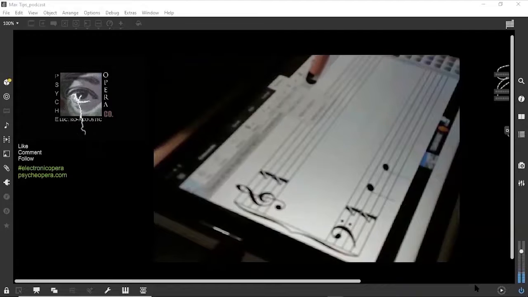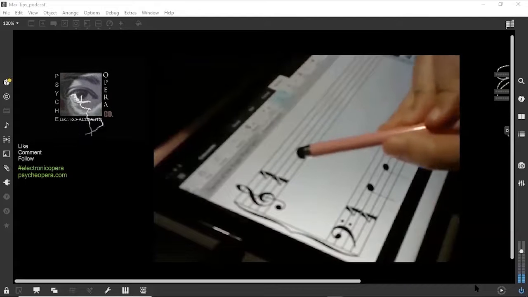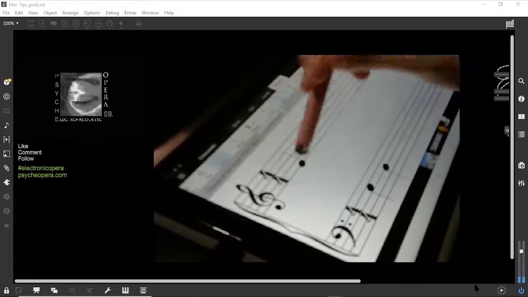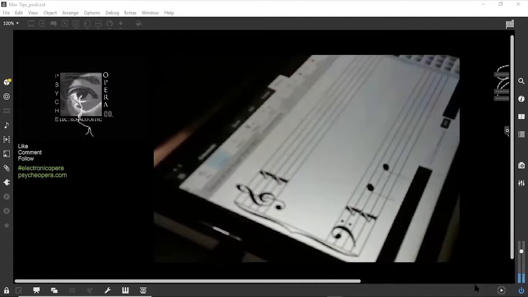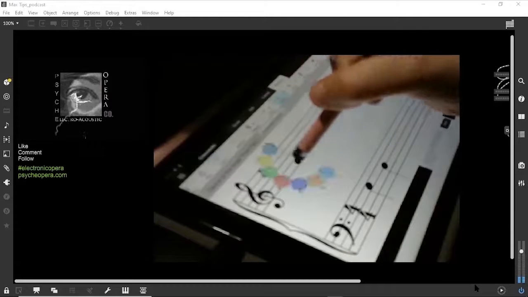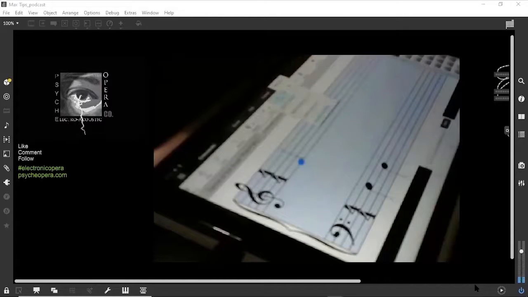Let's see where we can do that. Let's double the bass in the alto. That seems like a good place to voice it. That's correct. And then let's find a place for our other chord tones.